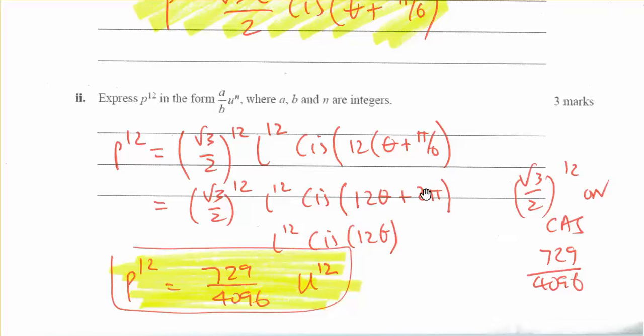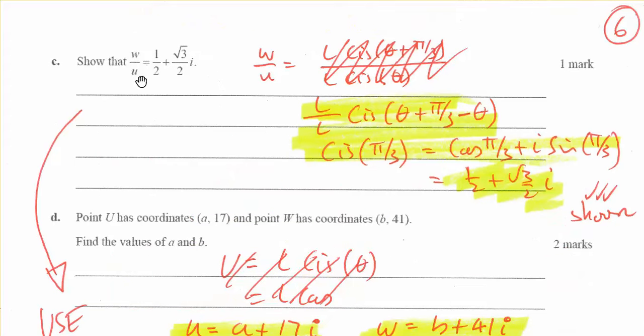So we've got 12 theta plus 2 pi. Adding 2 pi makes no difference, so that's where my 12 theta comes from. And raising this to the power of 12, on a calculator I've got 729 on 4096, and this here happens to be U to the power of 12, which is where the form that was requested comes from.